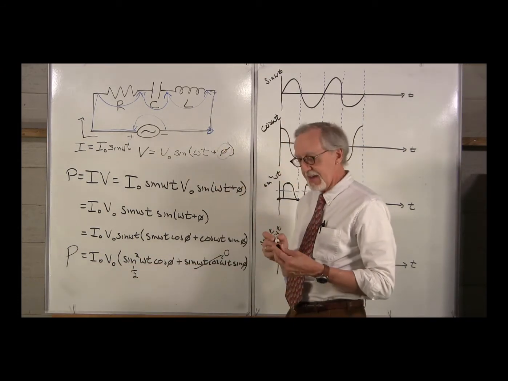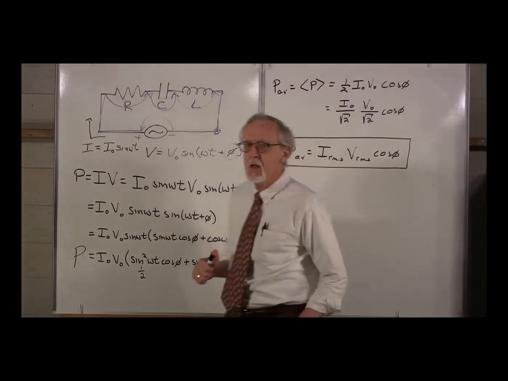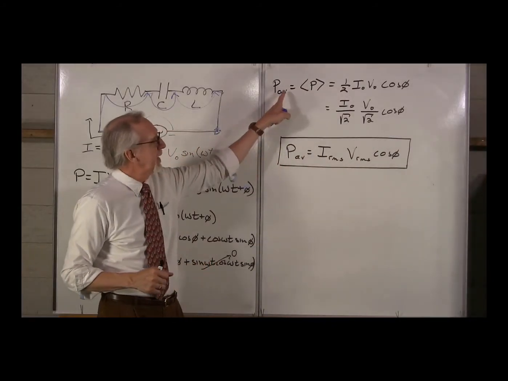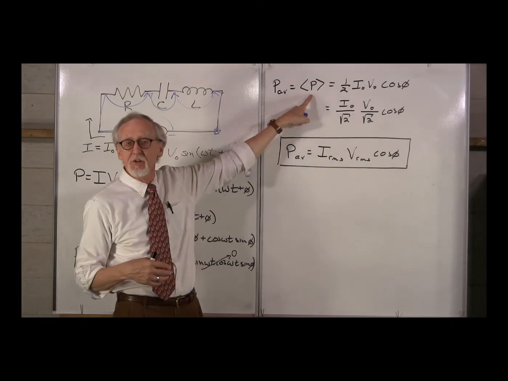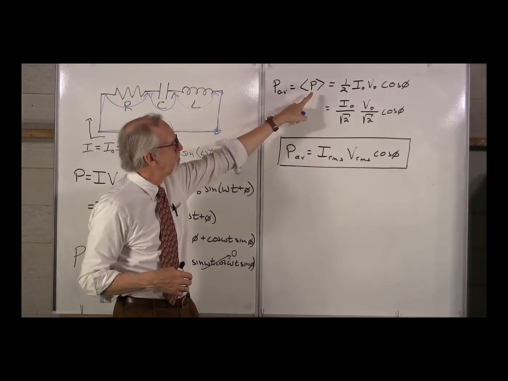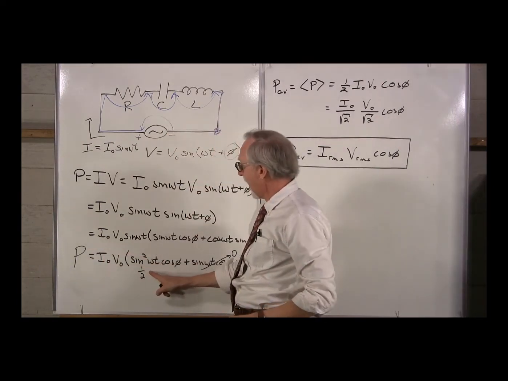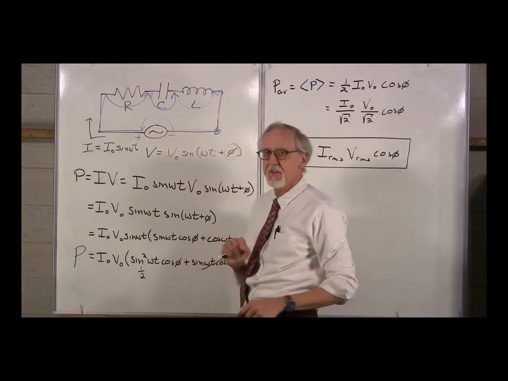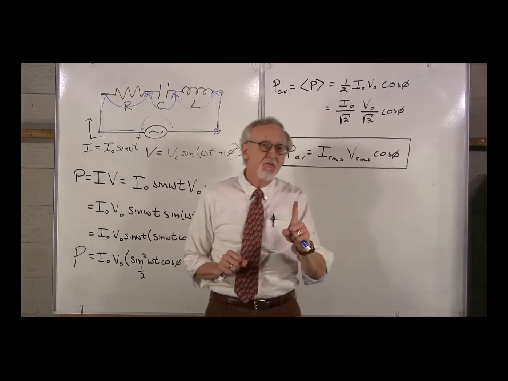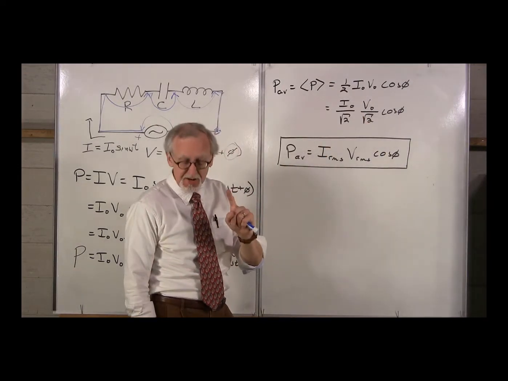Let me rewrite that and take a look at it. The average power then, which we can sometimes write as P sub AV for average, or we can put it into brackets, is then 1/2 I naught V naught times cos phi. It's kind of a nice simplification.